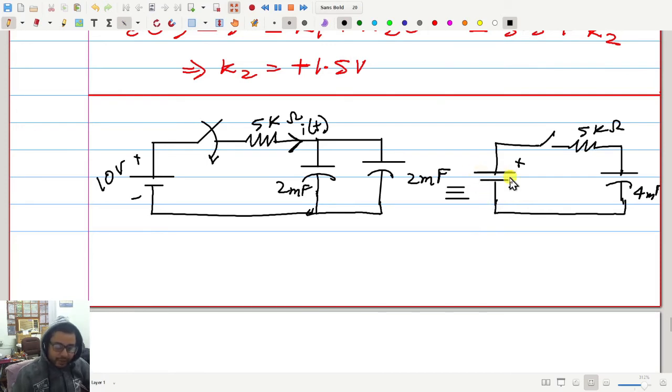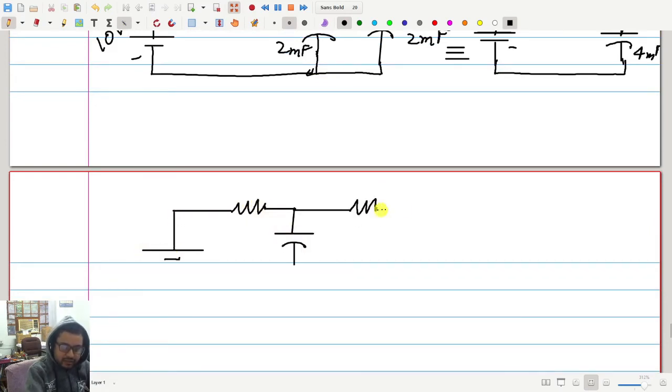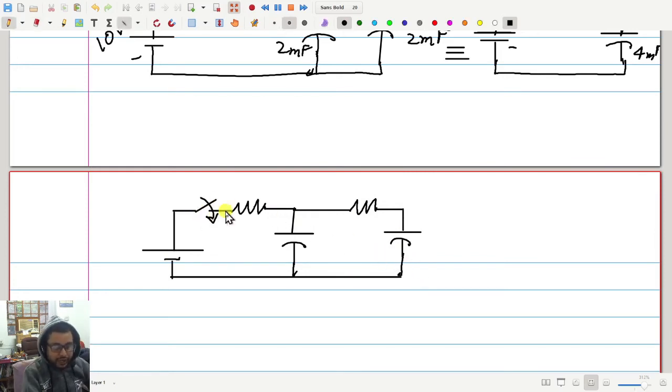But suppose I give you a circuit like this. I'm putting another resistance in between. In this case, by KVL or KCL you can get a differential equation, but you will see that it is not of first order. There will be a second derivative involved.